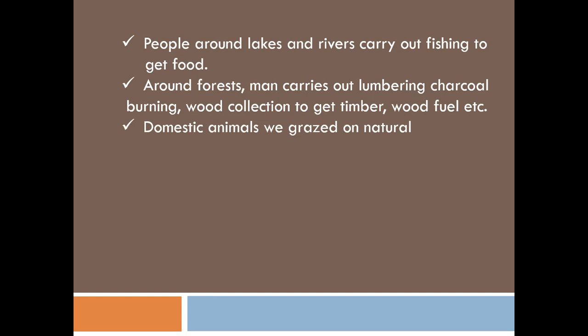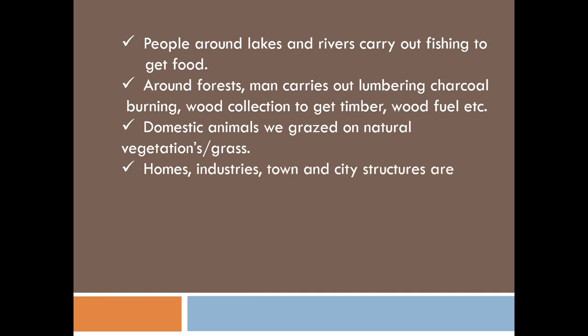Then domestic animals are grazed on natural vegetation or grass. So where there is grass, there is animal grazing. It could be grazing of domestic animals, it could be grazing of wild animals. Make reference to the photographs we've already given from the first part.